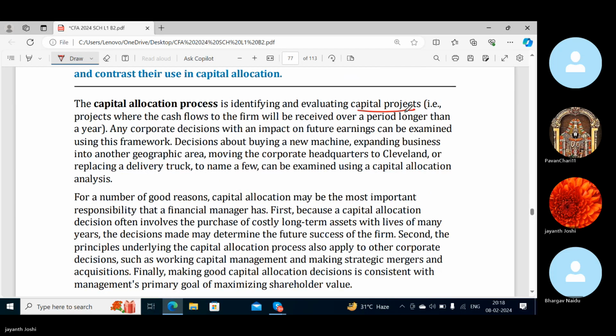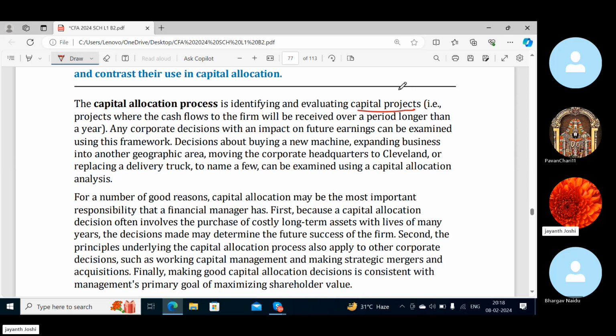That means you are going to allocate your money or capital for that particular project. When you are going to allocate your capital for a particular project, what makes sense is that you identify which is the best project for you, and also evaluate those projects.